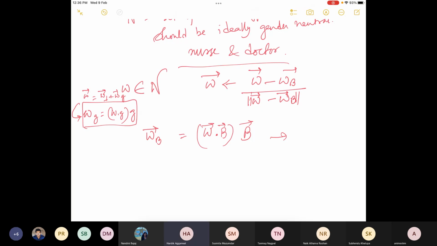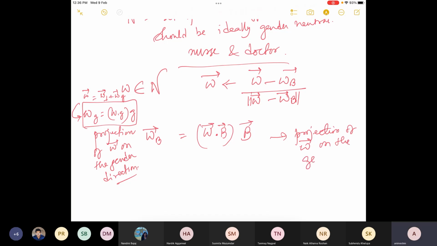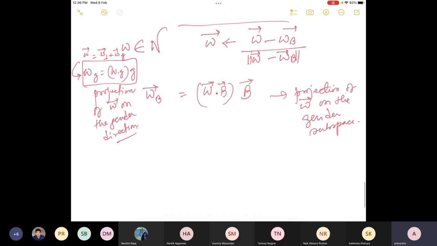Component of W along the projection, yes. Projection of W on the gender direction. Similarly here, projection of W on the gender subspace. Okay, so that is WB. So you just take every word, remove the gender component, and that becomes your new W. Fine.